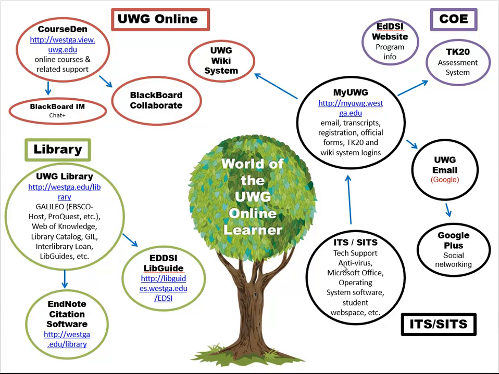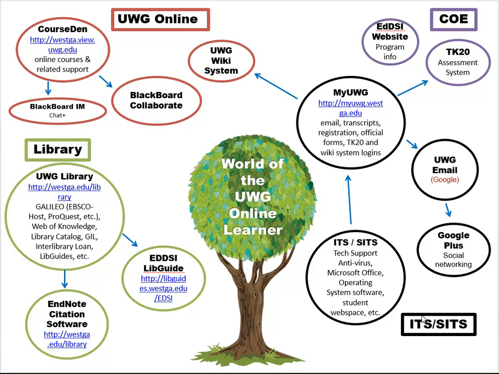They also provide technical support, like if your computer's not working, they may be able to help you with that. If you want to buy Microsoft Office, because as a student you get a really cheap copy of it, it's like $10 or something. You can buy operating system software from ITS. They're the folks to help you with that. So you have to basically call them and get help with all that.